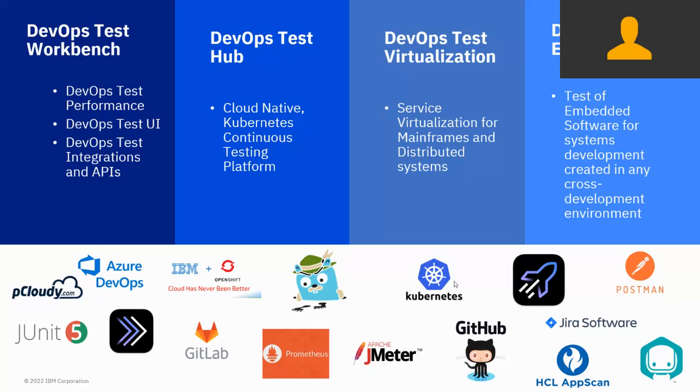And then the DevOps Test Embedded, that is a little bit different, not connected to the rest of the DevOps Test portfolio, but very important to test embedded software and very powerful to do that. It's still around. It's called now DevOps Test Embedded.